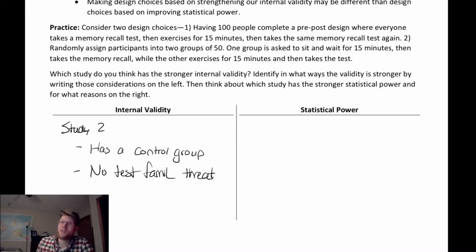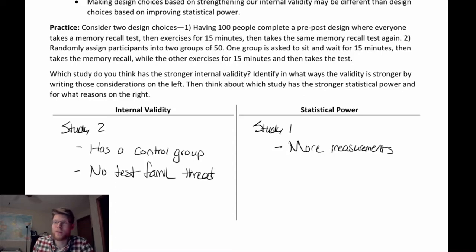But if I'm judging this for statistical power, I have to be honest and say that study 1 has more statistical power. For one, this might be strange, study 1 technically has a larger sample size. And what I mean, well, I guess I should clarify, it's not really a larger sample size, but it's more measurements. So more measurements. And that's because I'm having everybody do the treatment intervention.